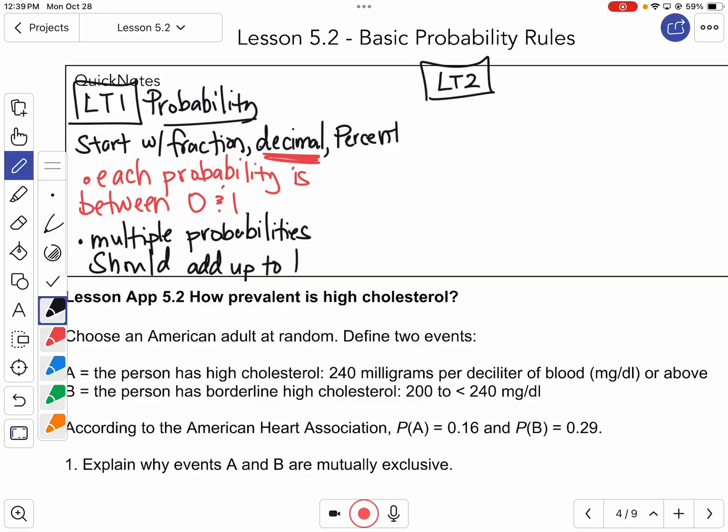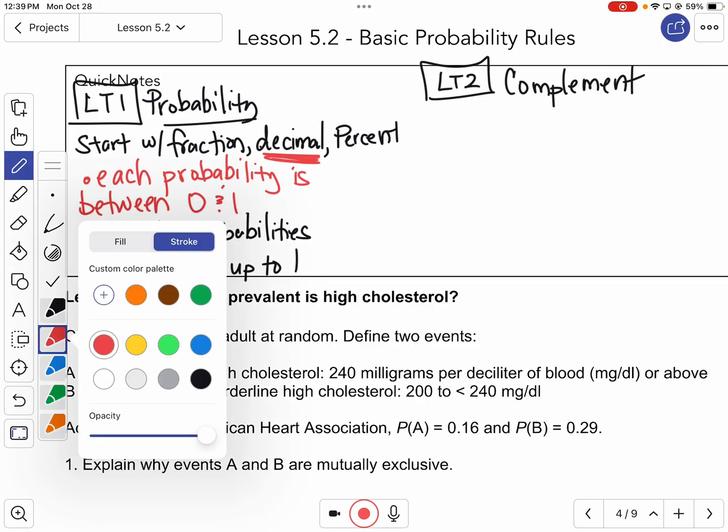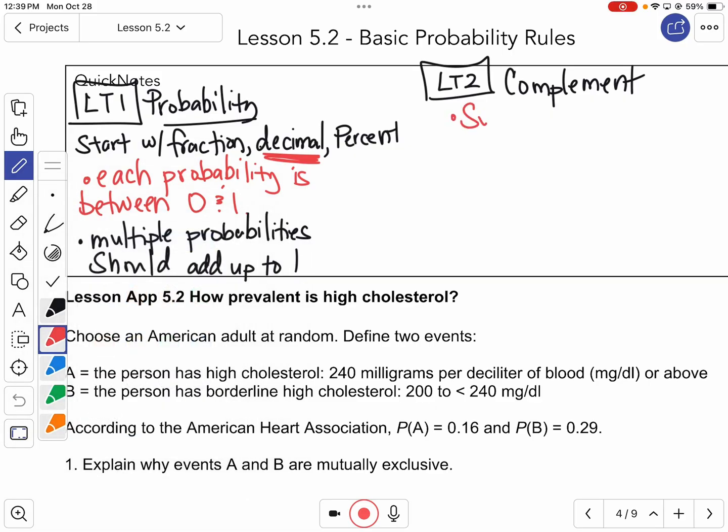Learning target 2 is where we talked about a complement. Okay, a complement. Well, to get a complement, we subtract the probability we know from 1. Okay, if all probabilities add up to 1 or 100, to get my complement, we just subtract what we know from 1.